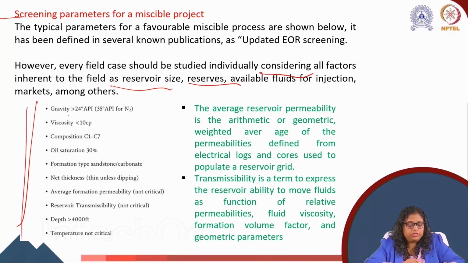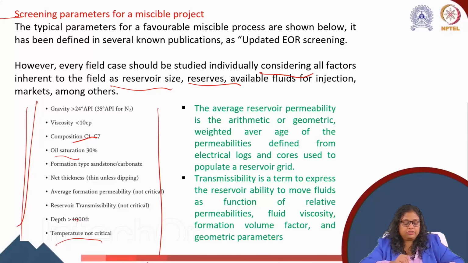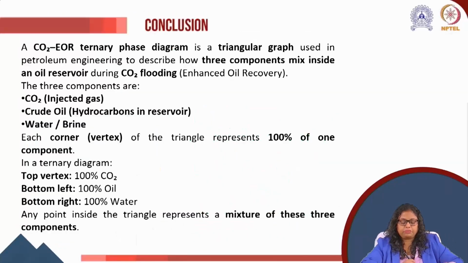So we have here gravity greater than 24 API, viscosity less than 10 cp, composition C1 to C7, oil saturation 30%, formation type sandstone or carbonate, net thickness, average formation permeability, reservoir transmissibility, depth greater than 4000 feet, temperature, and other criteria. So these are some screening parameters for your miscible project.